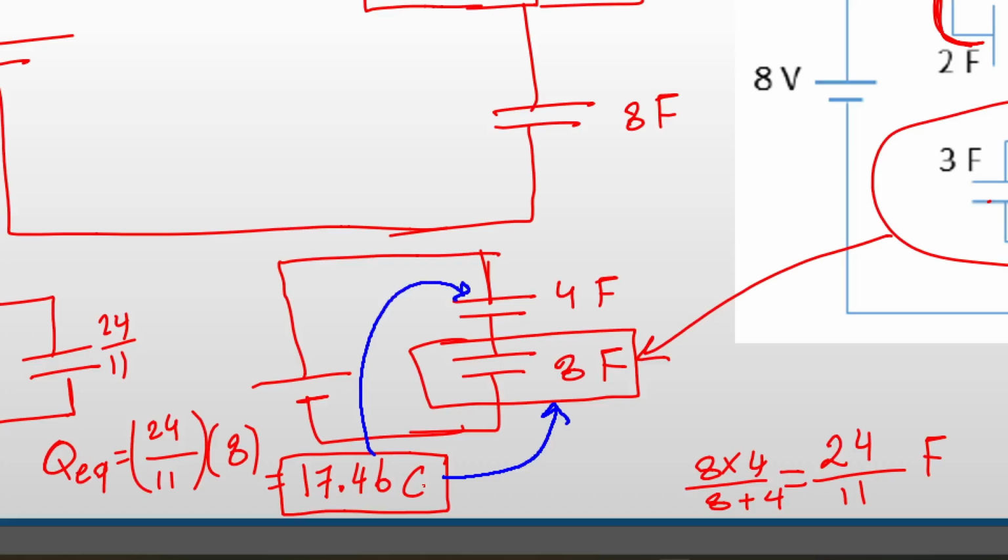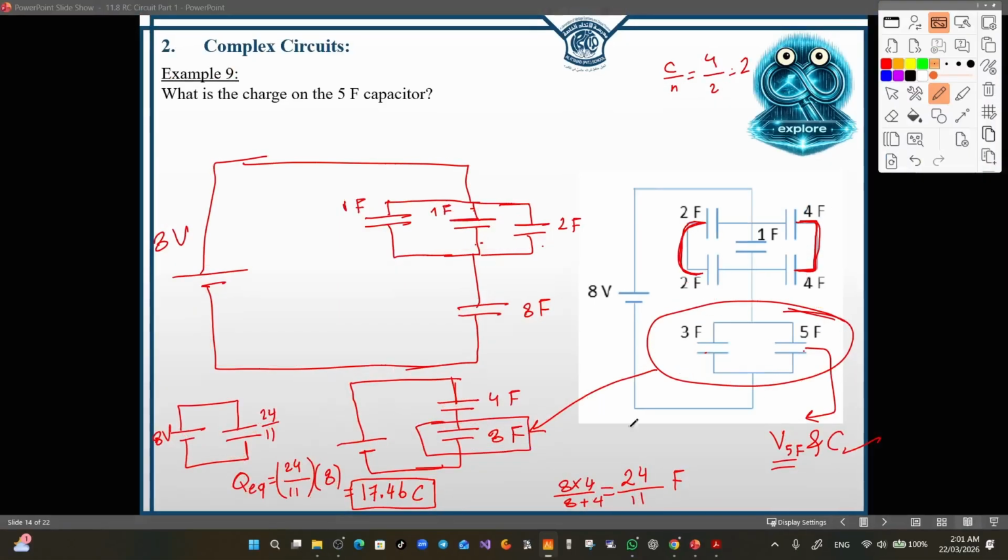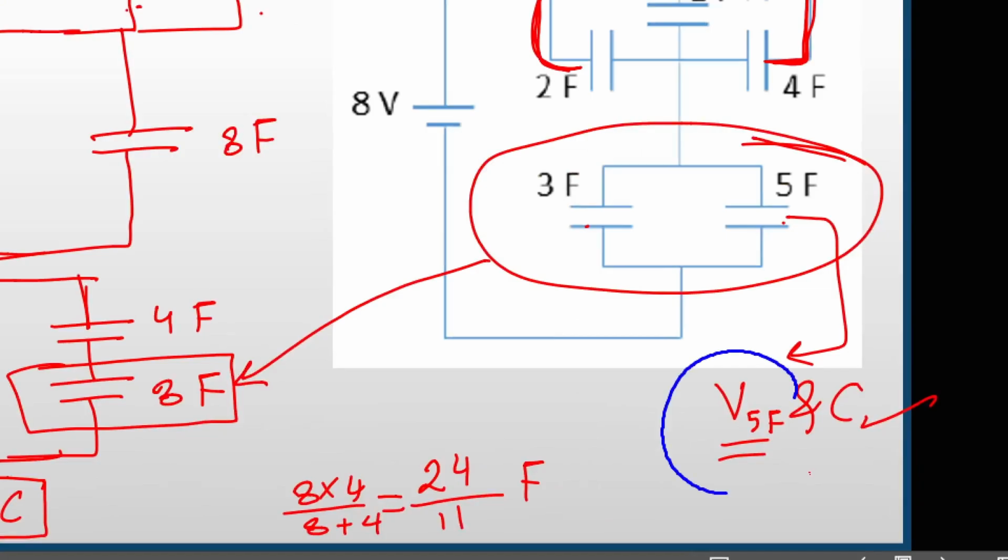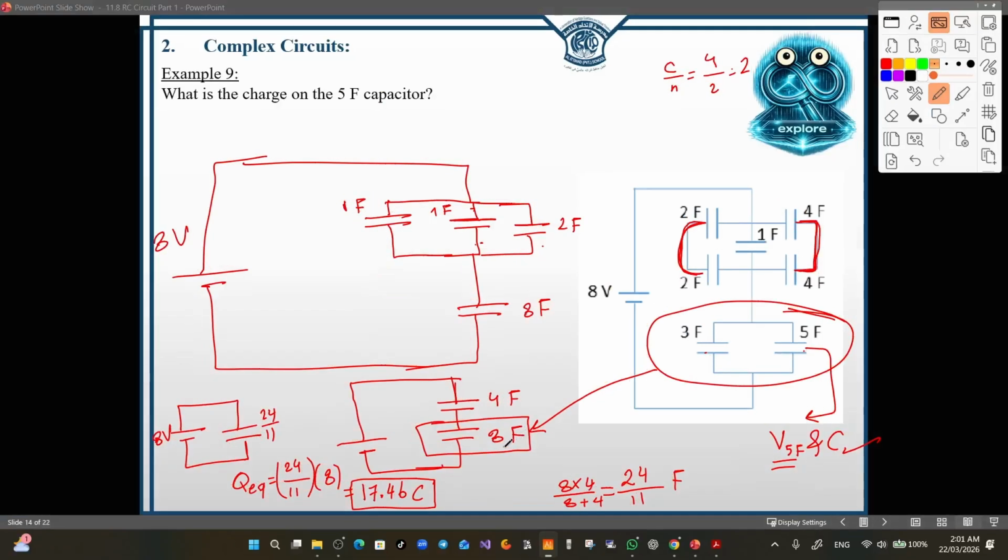So now we know the amount of charge in this capacitor. Now we can find the potential difference across this capacitor, the 8 farad, which is essential to find the amount of charge in the 5 farad. So let's find out the potential difference here.